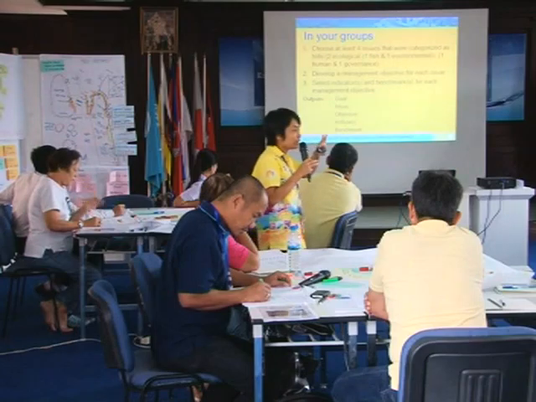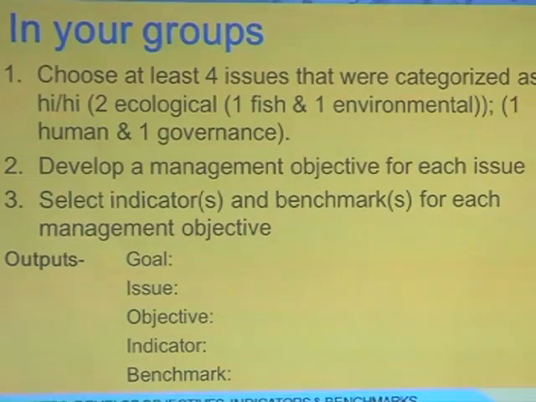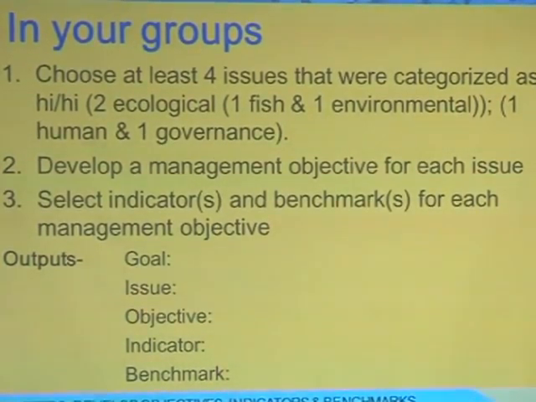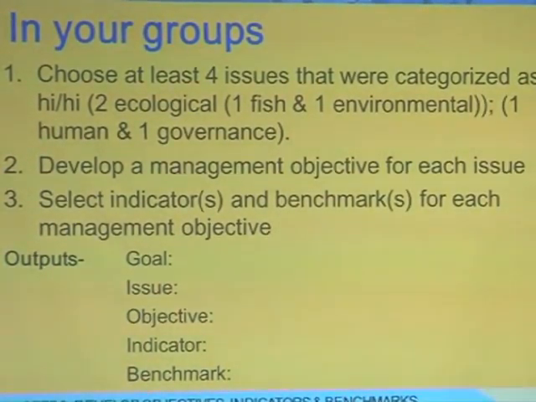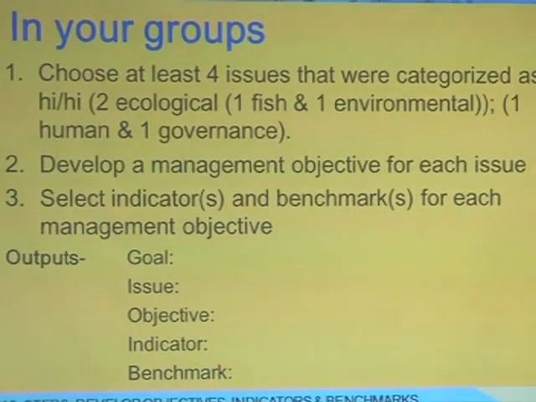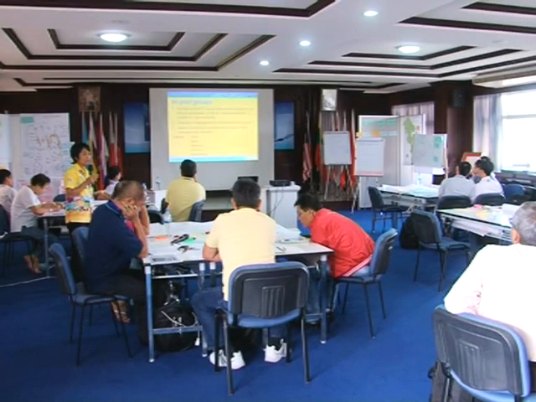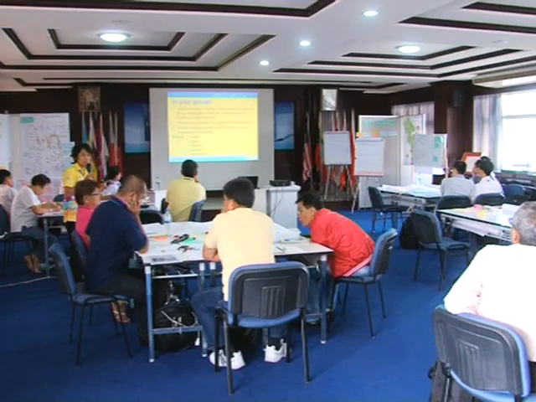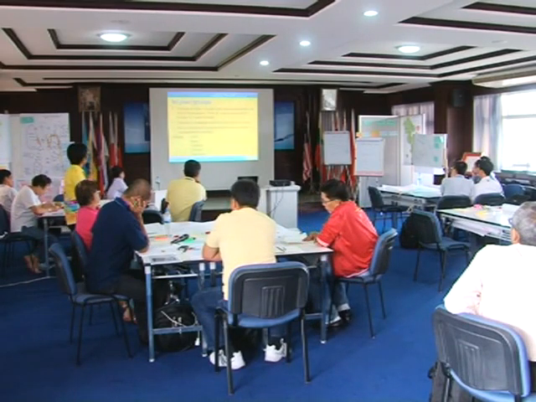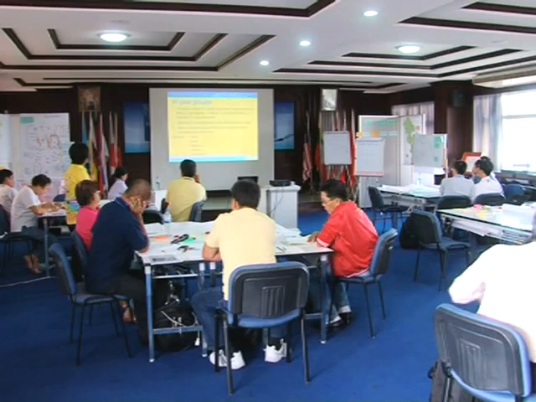Two for ecological well-being, one for fishery, one for environment, one for human well-being, and one for governance. I think you already did that yesterday, right? And you already have a goal. I suggest you have one or two objectives, at least one. But if you think it's better to have two or three objectives, it's also okay.